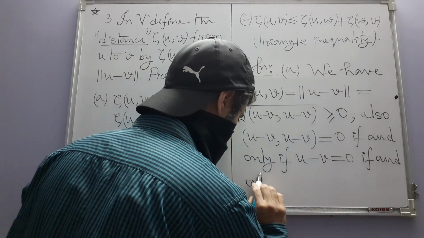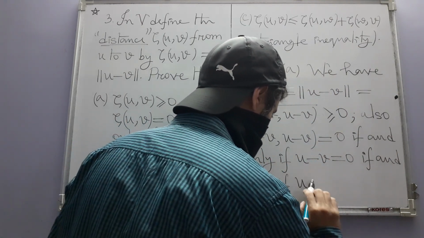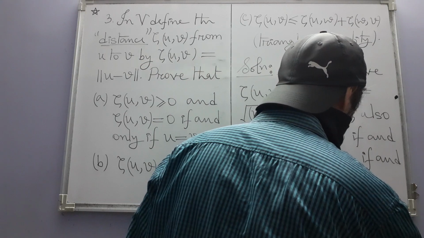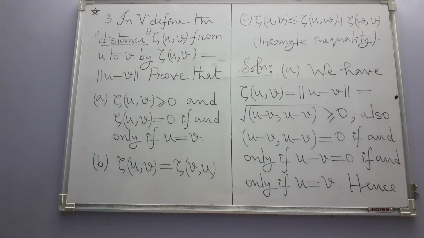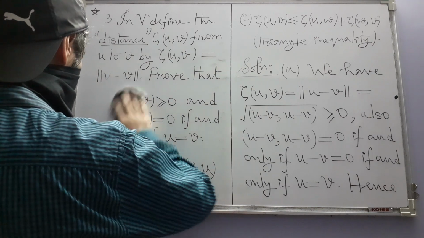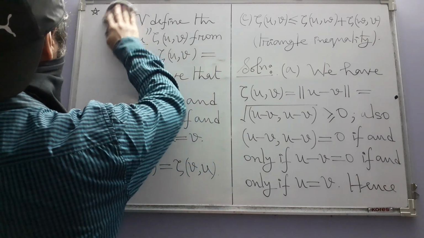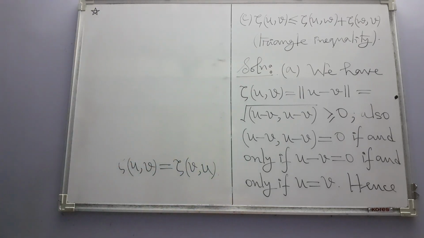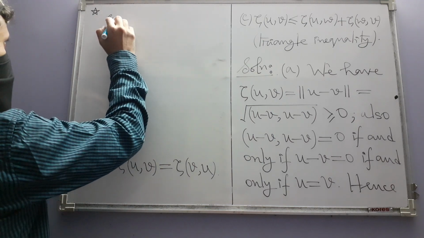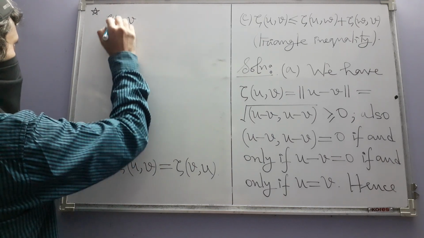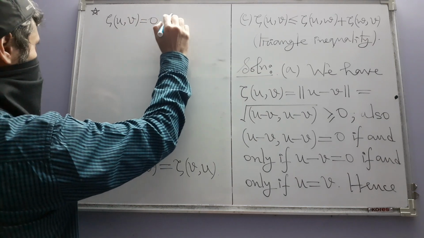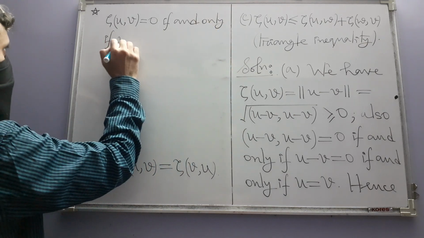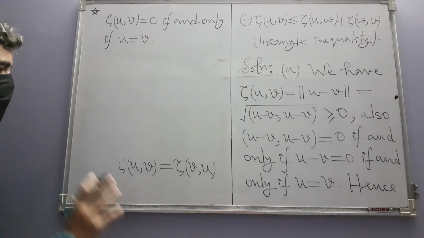If and only if u is equal to v. Hence, zeta of u comma v is 0 if and only if u is equal to v. So that's how we have part A.